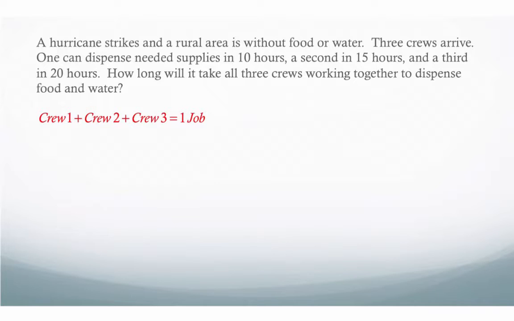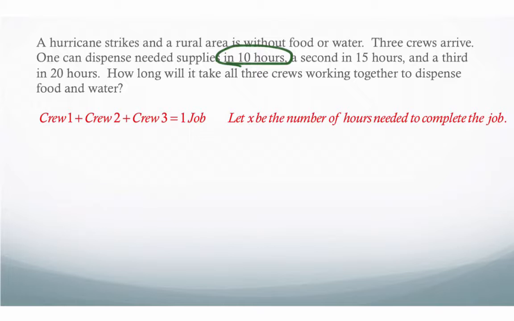So we're going to start by picking a variable. For simplicity, let's just use x. x is going to represent the number of hours that we need to complete the job. Next is figuring out how long it's going to take each of those crews. Well, I know that the first crew can dispense all those items in 10 hours.